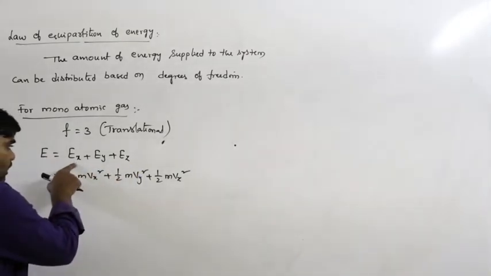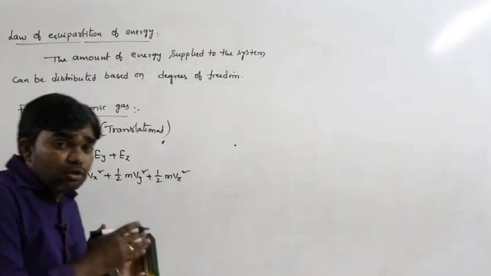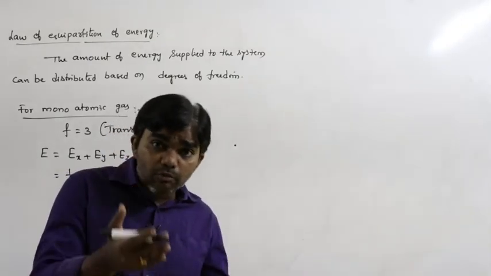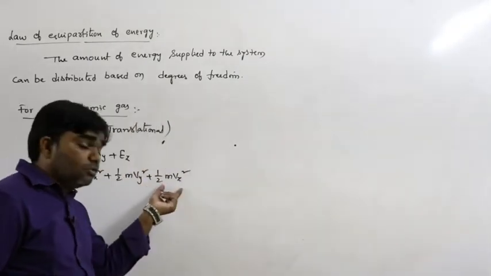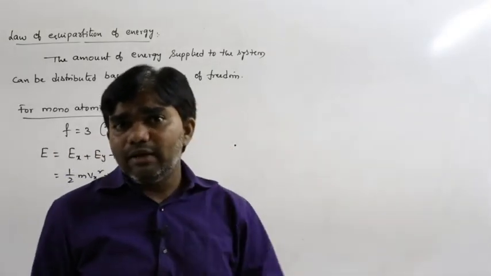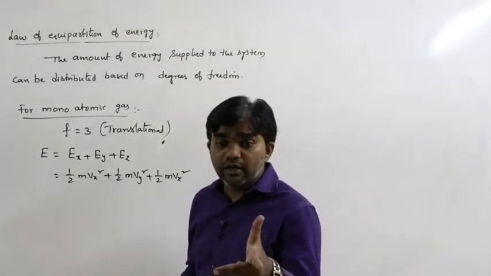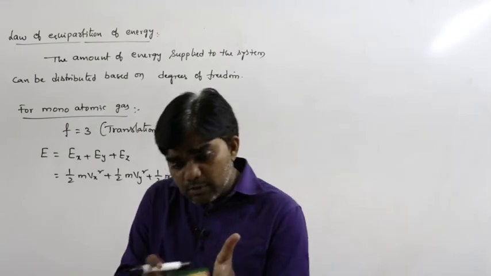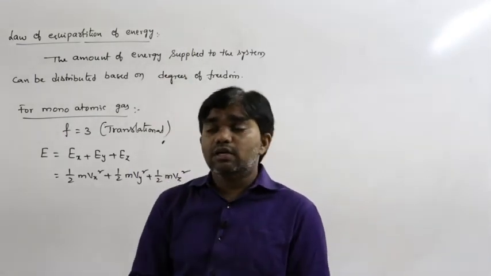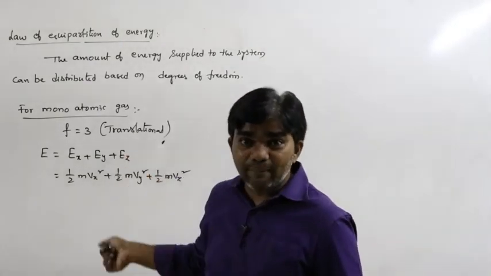So that means some amount of energy is utilized to move the particle along the x-axis. Maybe the particle moves along the y-axis, maybe along the z-axis. So the energy supplied to the monoatomic gas is distributed in 3 equal ways, 3 possibilities: some along the x-axis, some along the y-axis, some along the z-axis. So the energy can be distributed based on degrees of freedom.